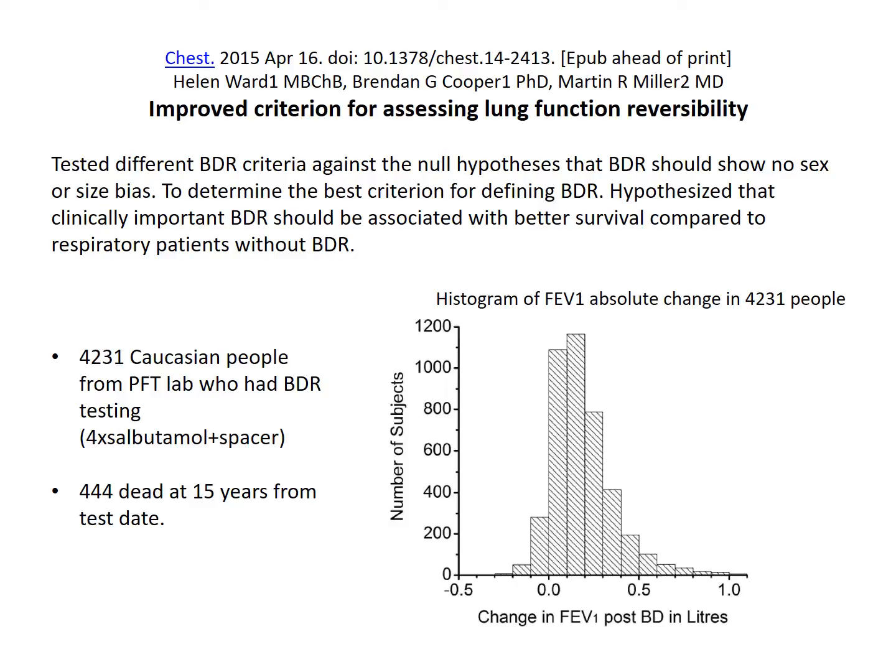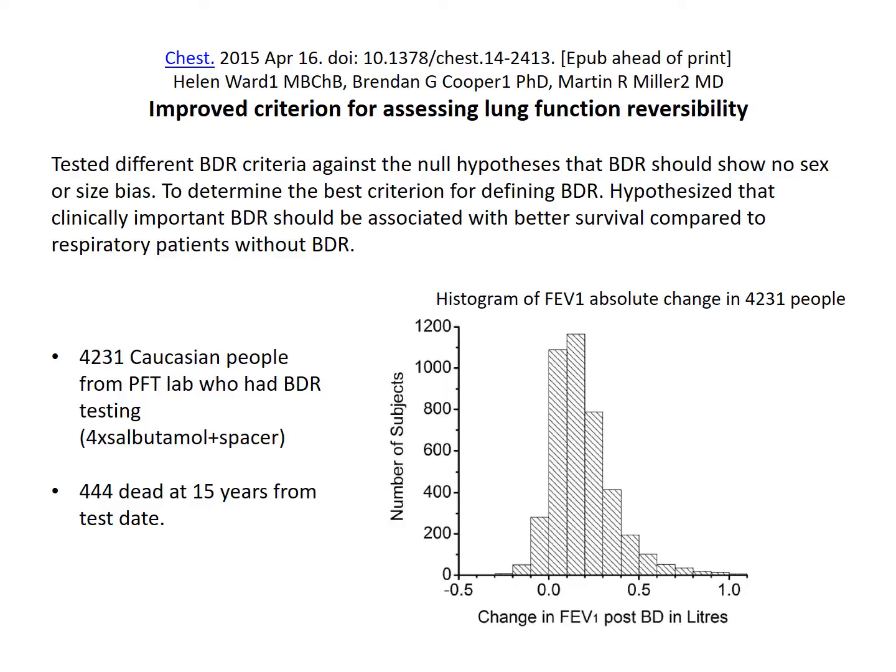So they looked at over 4,000 results of bronchodilator response testing from a database of over 40,000 tests. And they knew whether they were alive on a date afterwards. And they knew several other conditions at the time of the test, for instance, their smoking history, and if they were taking an inhaled corticosteroid or a beta blocker.